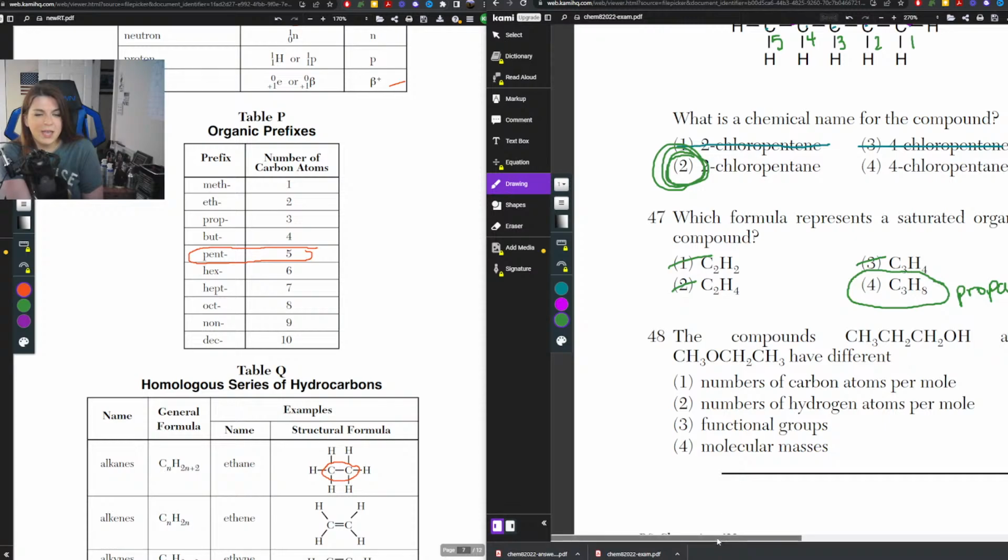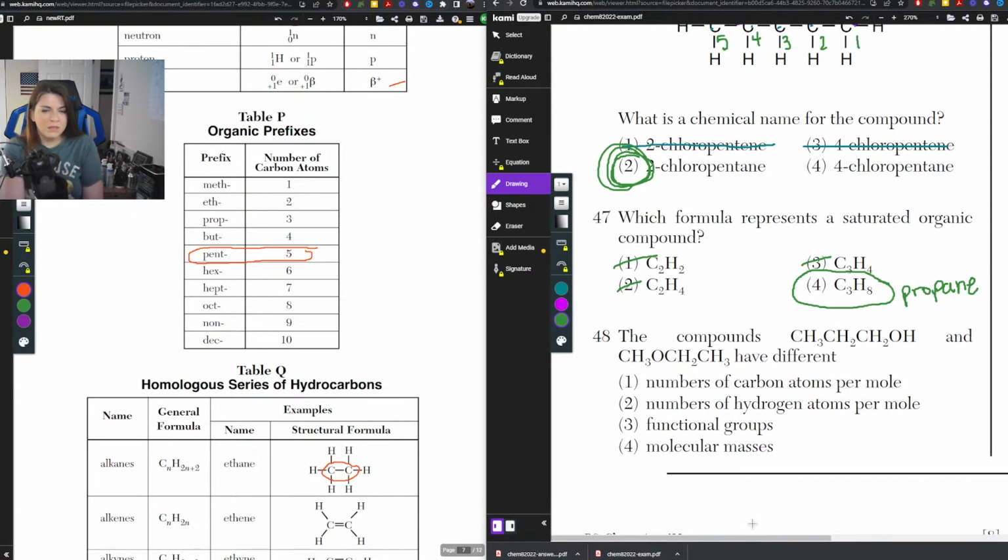For question 48, the compounds CH3CH2CH2OH and CH3OCH2CH3 have different blank. Okay. They each have 3 carbons, so no, they have the same number of carbons.